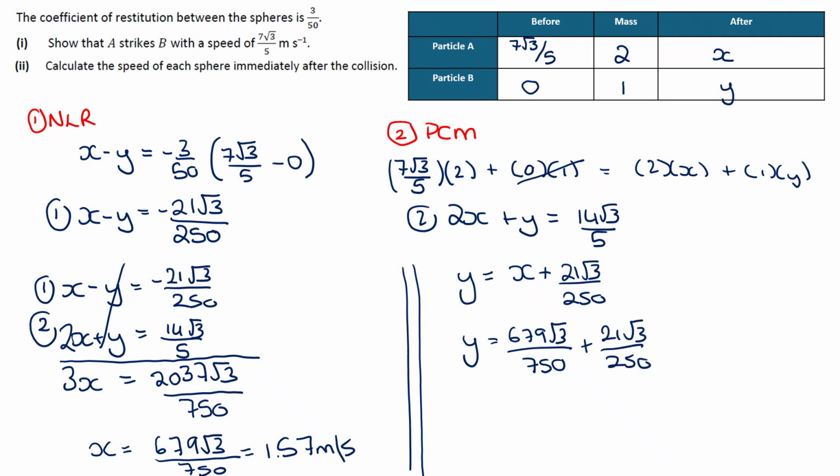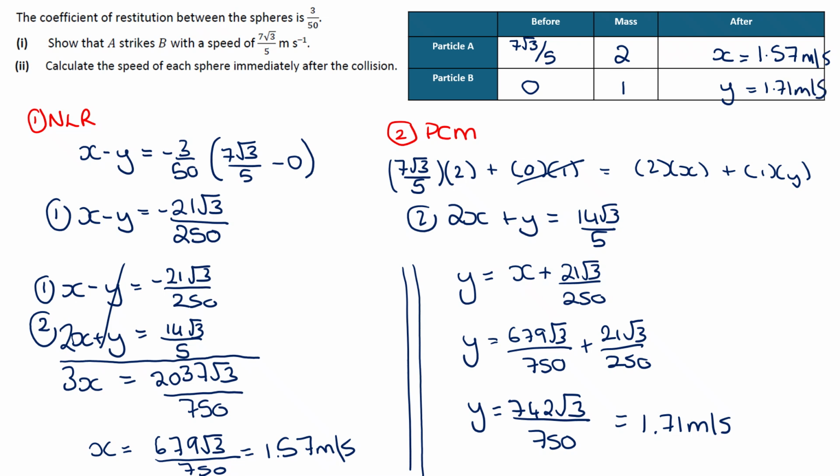Again, you can work in decimals, there's absolutely no issue. And this is 742 root 3 over 750, and that is 1.71 meters per second. So the particle A afterwards, 1.57 meters per second, and B, 1.71 meters per second.